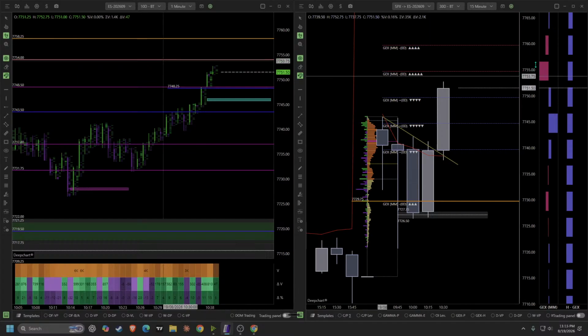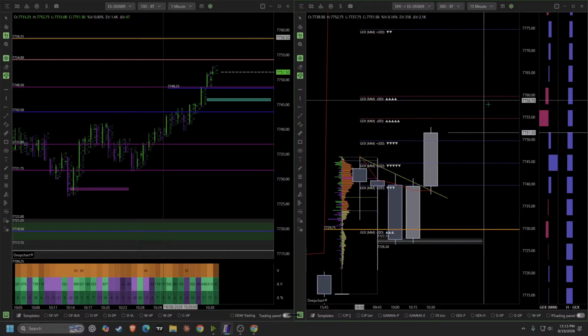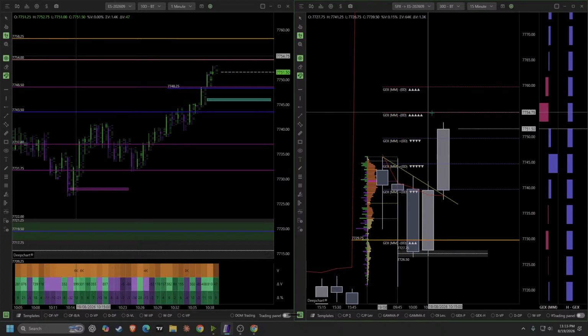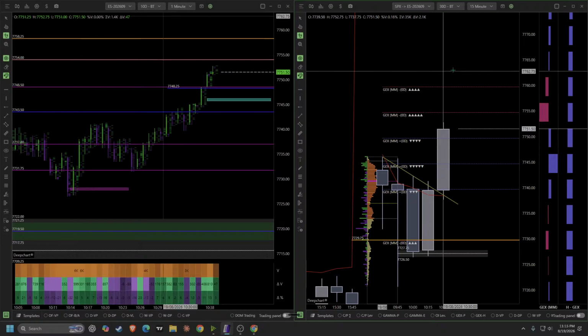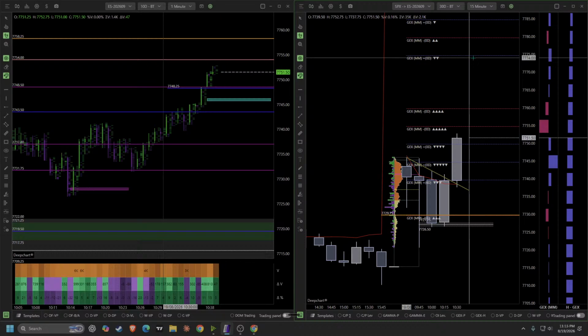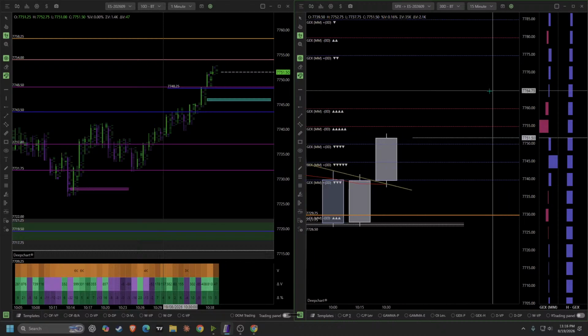And now we're approaching this negative exposure GEX level. So the idea here is if we blow through this level, we should expand up to maybe the next level, or the next, or the next.